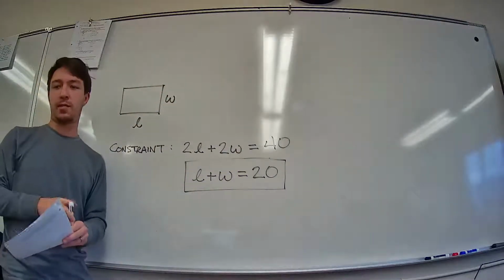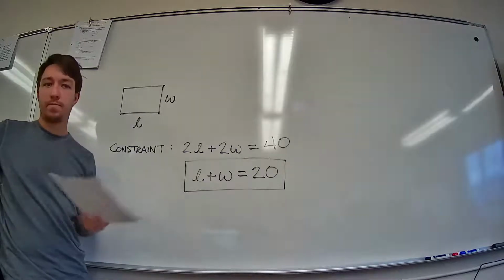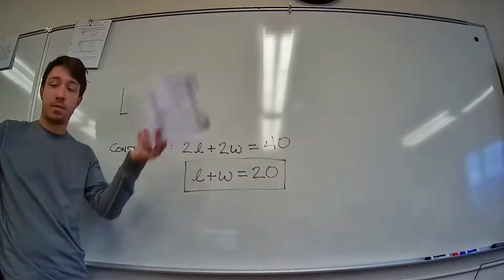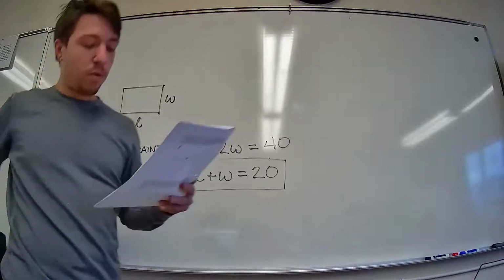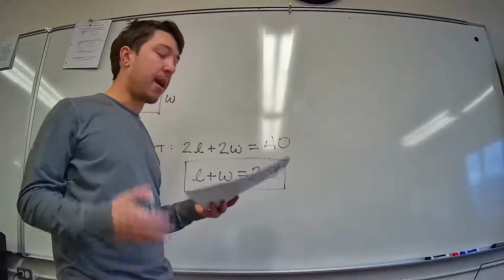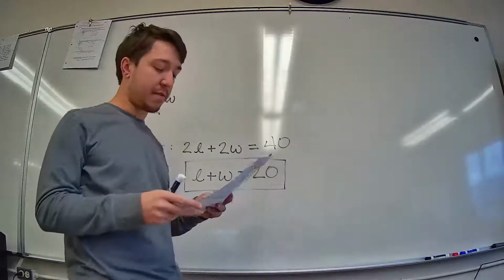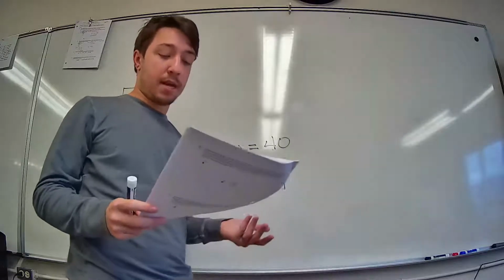So does that answer that question? Yep. Okay, so the constraint is something you're constrained to have, so that must be the case. Then it'll say, usually the word find is in there, or calculate, or optimize, or minimize, or maximize. In this case, it's find the dimensions that maximize the area.